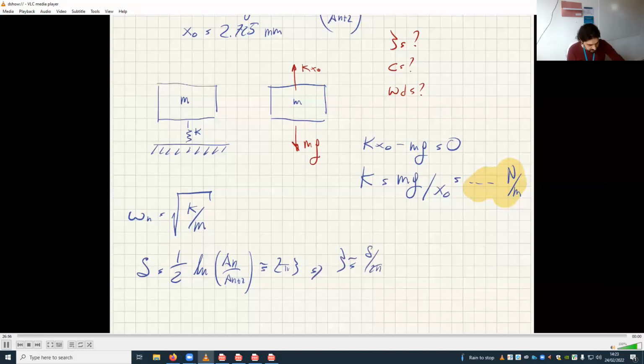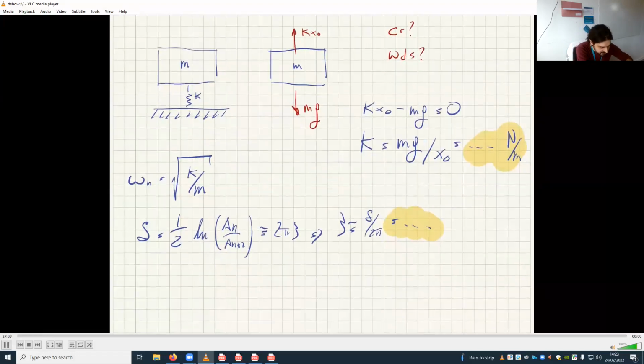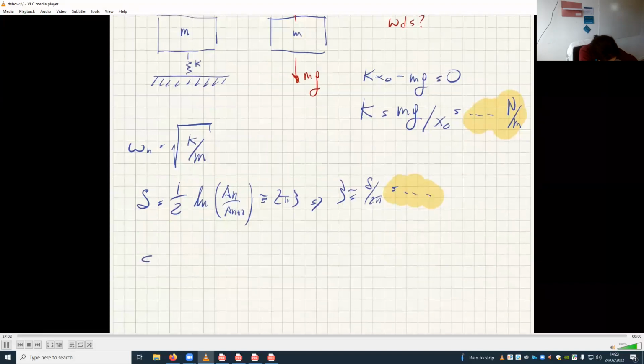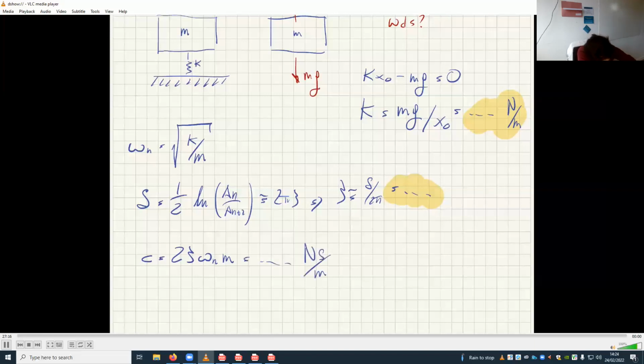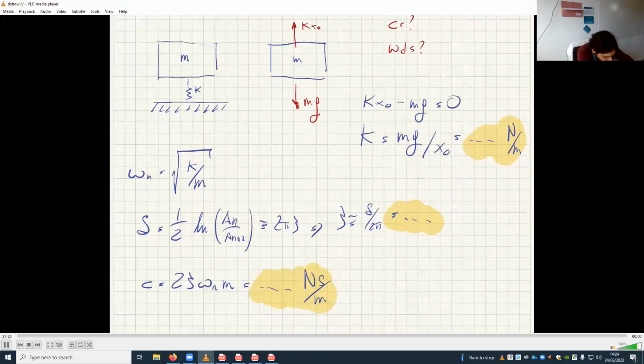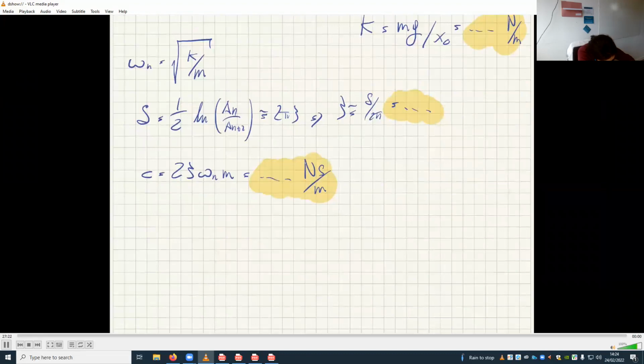And this is also a number with no units. And then we find C. Remember, we can always rearrange the definition of zeta so that C is 2 zeta omega n m. So this is also a certain number of Newton second per meter. And omega d is very easy. It's always the same formula sheet: omega n times the square root of 1 minus zeta squared.